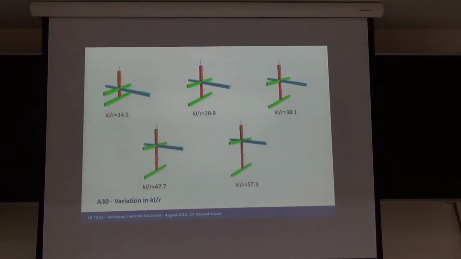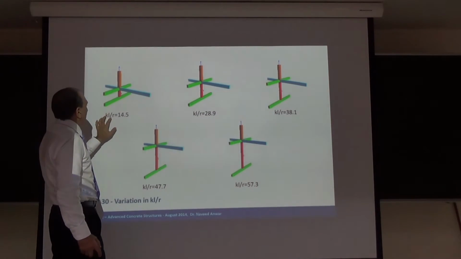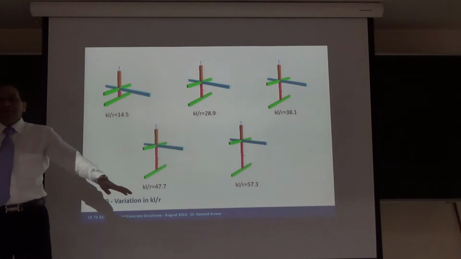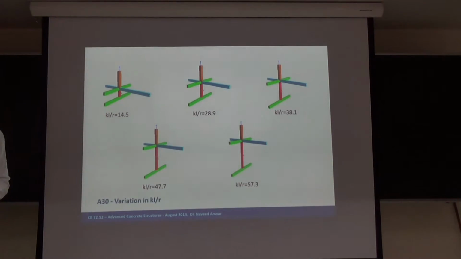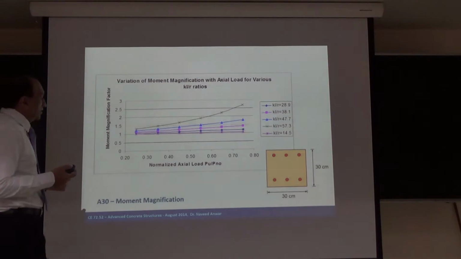And then we vary the KL over R. You can vary the height or length. So we vary the KL over R from 14 until 57 to study the effect of KL over R on the moment magnification, just to develop an understanding of how these things work. And then we found that this is the moment magnification.